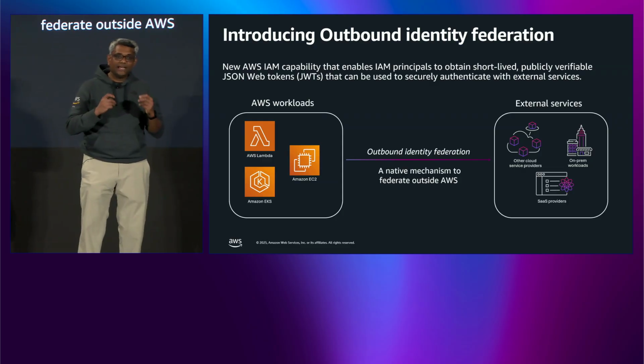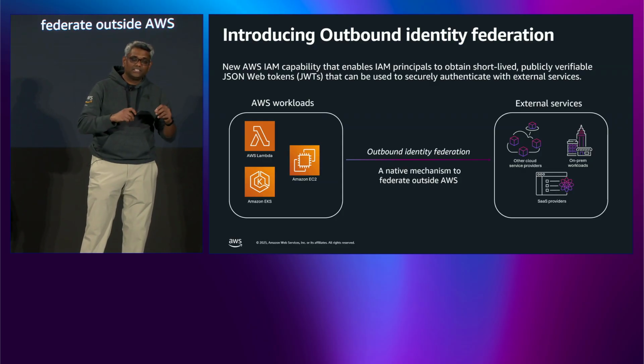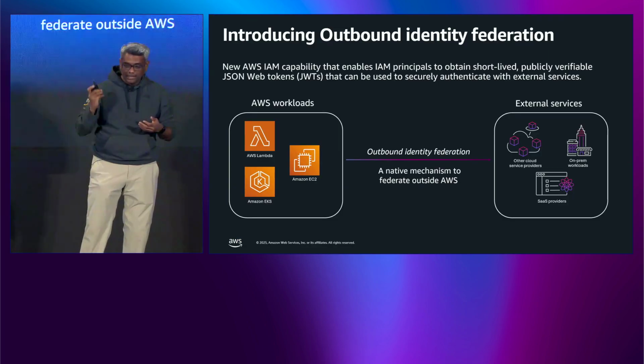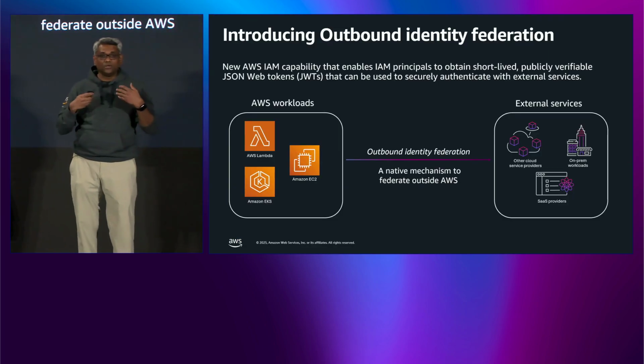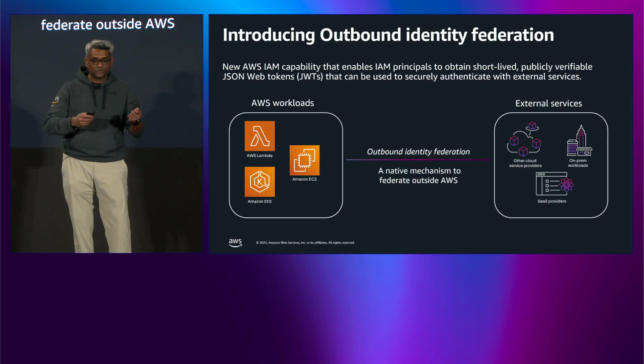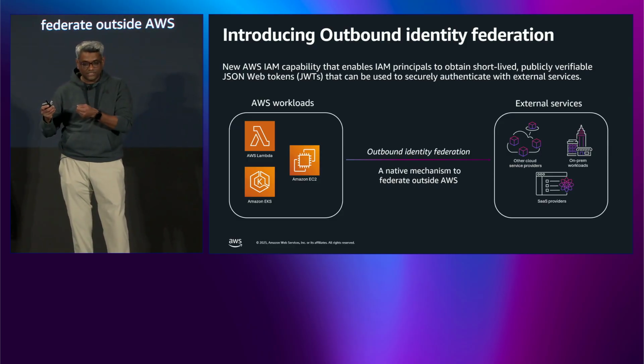And you could do this natively using the AWS credentials that are already available to you for any role, any IAM user. These credentials more often are actually delivered natively to the compute that you're using, AWS Lambda, EC2, Amazon EKS, you name it. We have a secure way for you to connect those workloads to these external services.